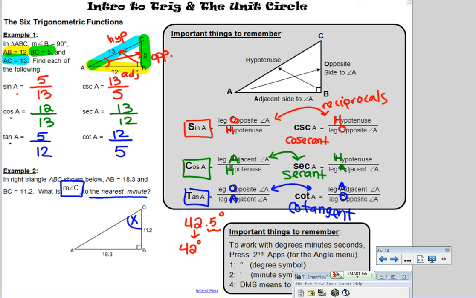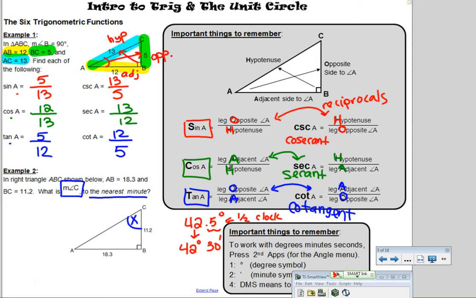And then again, 60 seconds to the minute. So 0.5 would be half of a clock, half of an hour, which would be 30 minutes. So this is just an example. 42.5 degrees would be the same as saying 42 degrees, 30 minutes.